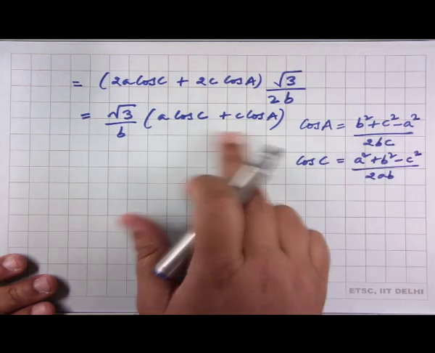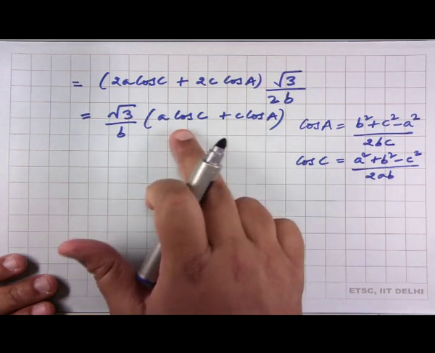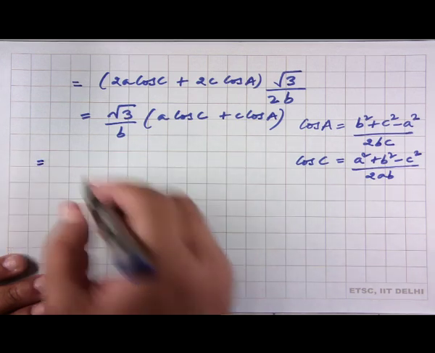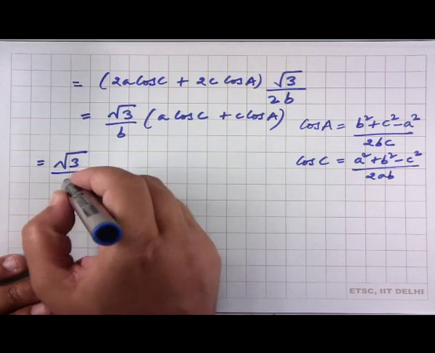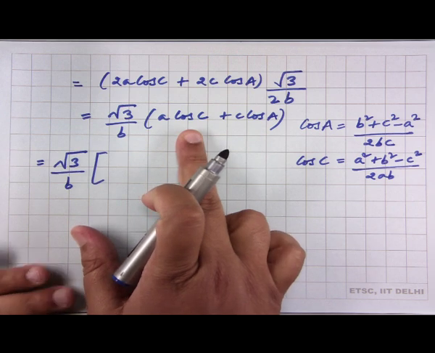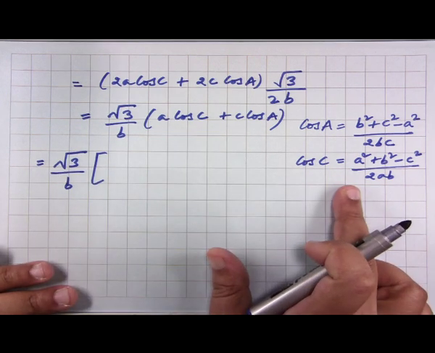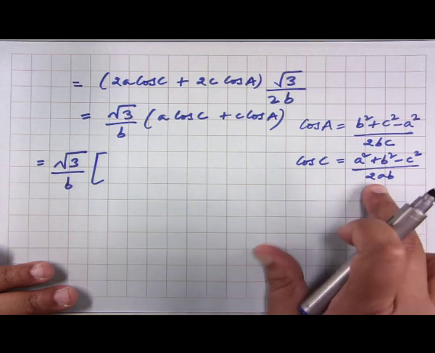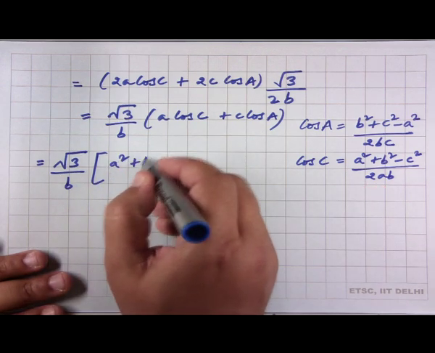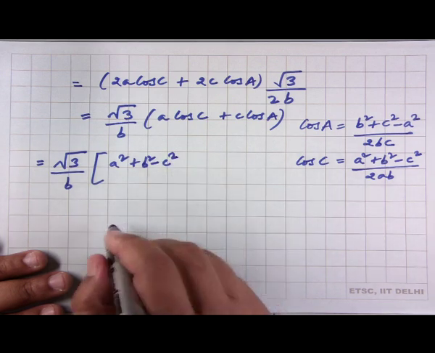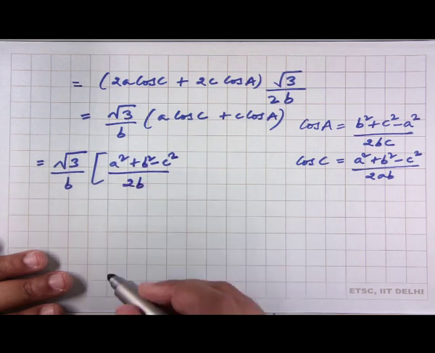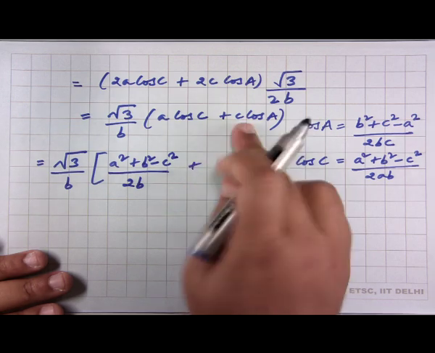Now we are going to replace the cosine of A and cosine of C by these two expressions, and therefore what we finally get is square root of 3 over b times a into cos C, where the a in the denominator is going to get cancelled, and what will remain is (a square plus b square minus c square) upon 2b plus c times cos A.